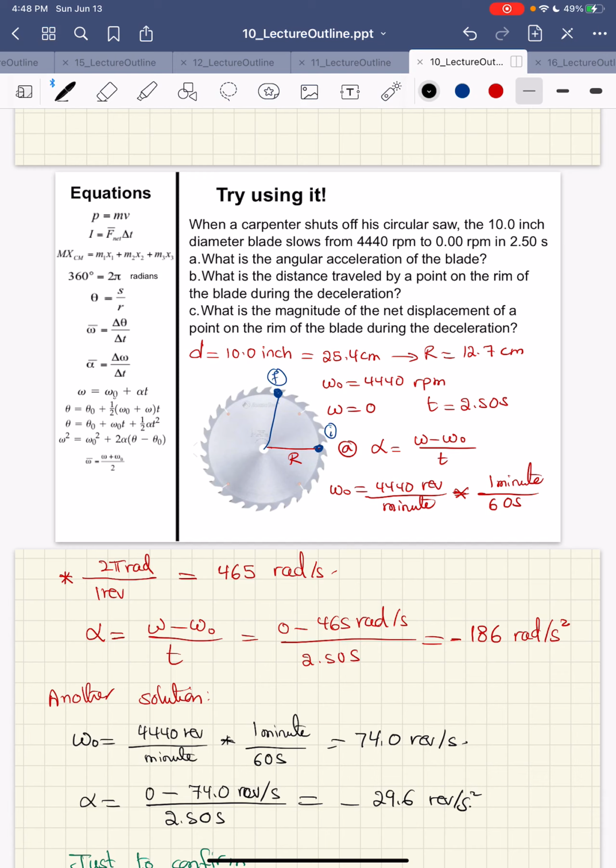What is the angular acceleration of the blade? What is the distance traveled by a point on the rim of the blade during the deceleration? What is the magnitude of the net displacement of a point on the rim of the blade during the acceleration?